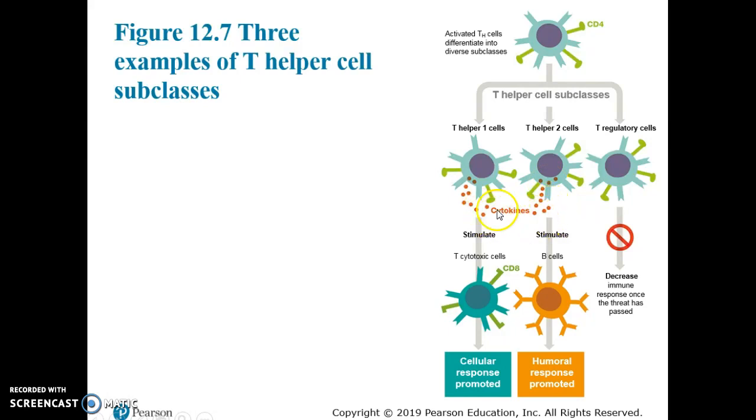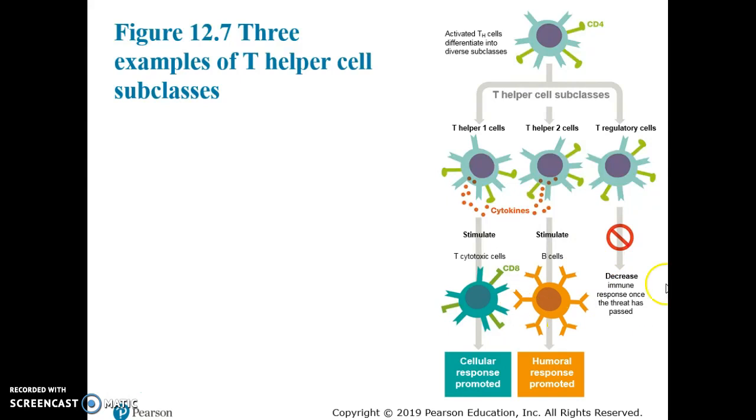So if I would have made this picture, I would have made these circles here a different color, because say maybe the orange ones come from T helper 1, but maybe red ones or blue ones come from T helper 2 cells. They are different. The cytokines from T helper 2 cells stimulate B cells. And so then the B cells can become either memory cells or plasma cells.